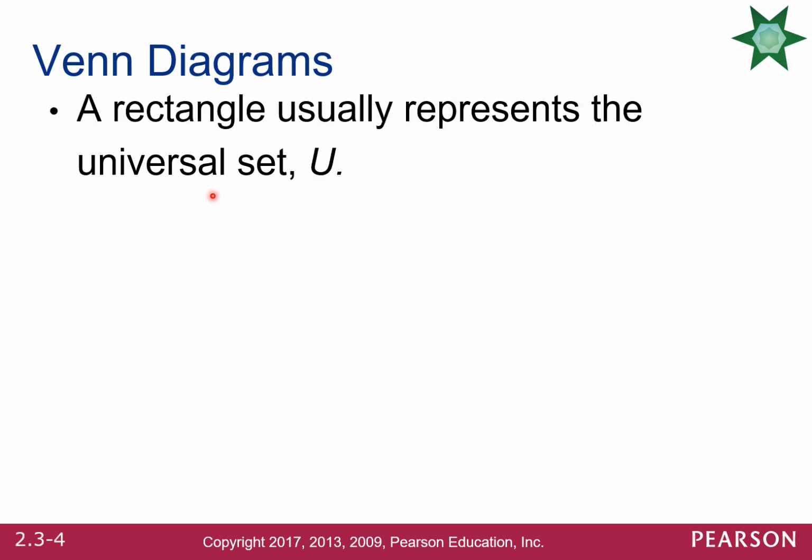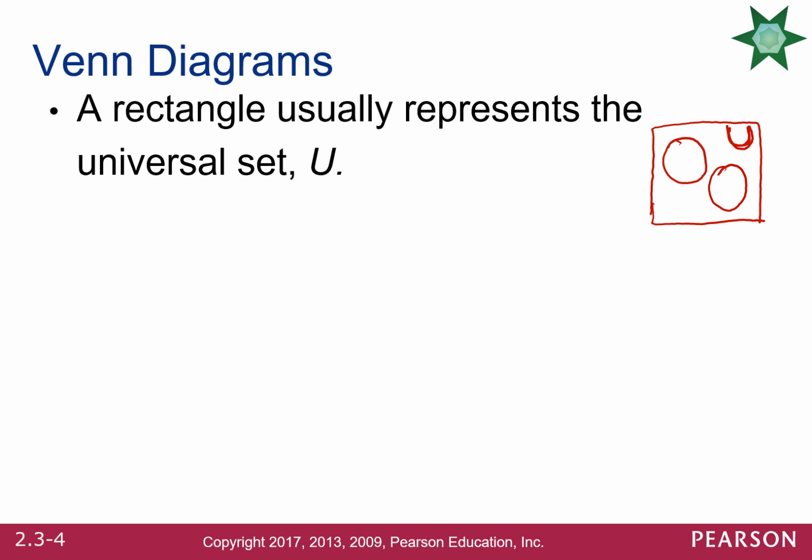Now a Venn diagram usually starts with a rectangle, and that rectangle represents the universal set U. So you will see pictures of Venn diagrams with a rectangular figure, and inside the rectangular figure there can be circles, and those circles represent the sets created from a universal set of values.